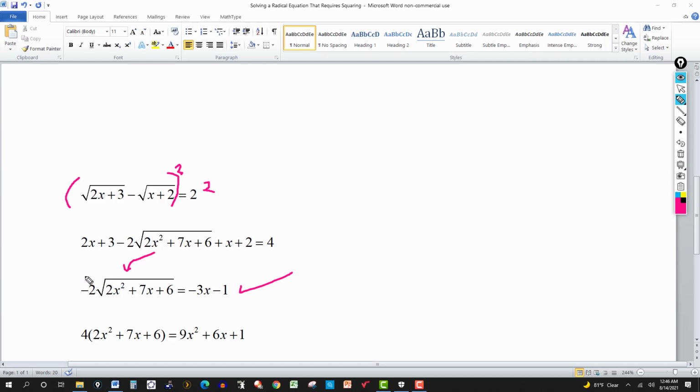And then I go through and then, okay, I'm going to square this side to eliminate the radical. And I'm going to square this side. Okay, so again, the whole thing is squared, so the negative 2 also gets squared. That's the 4. That's how I get this 4 right here.